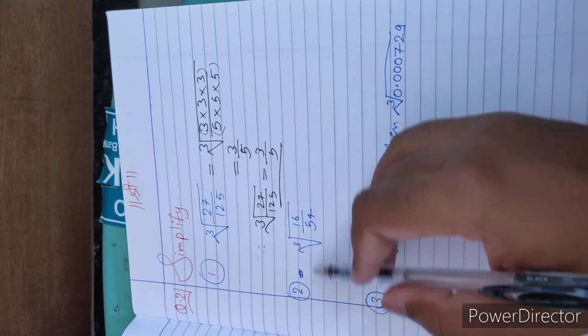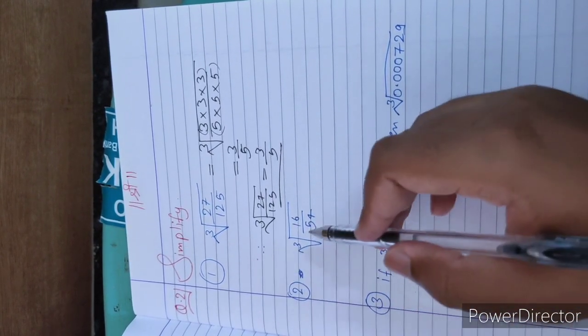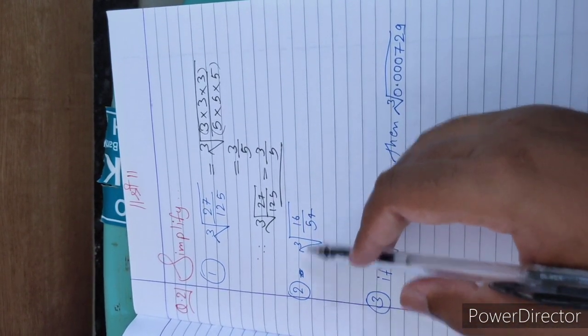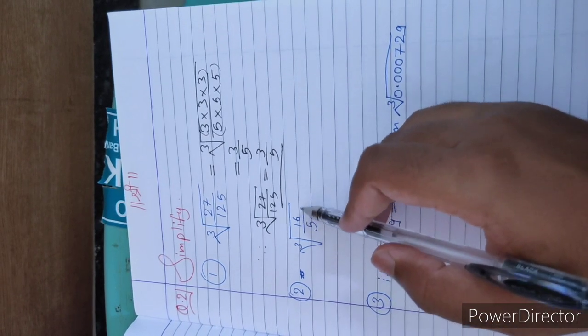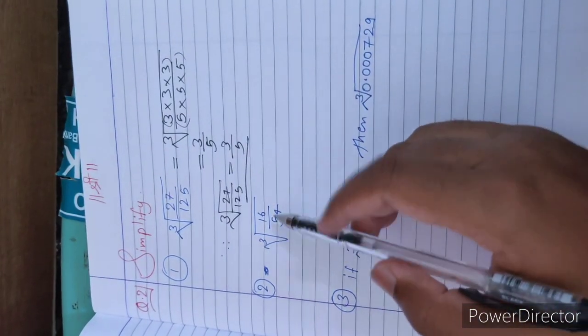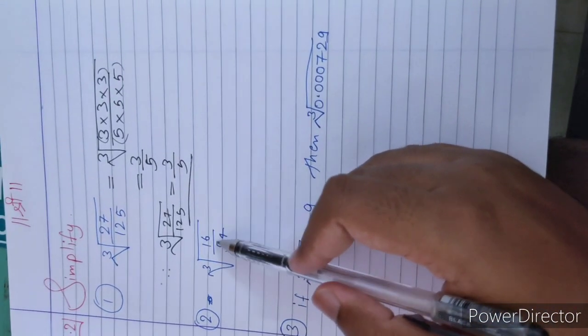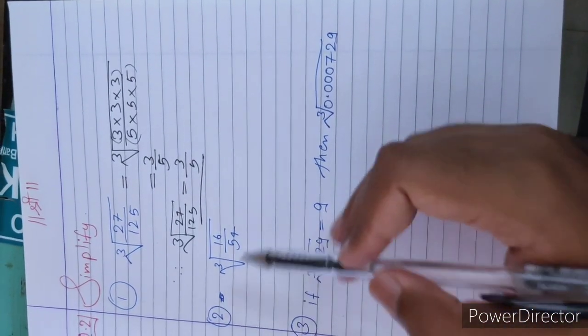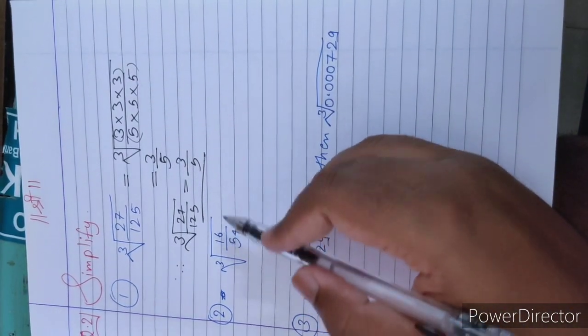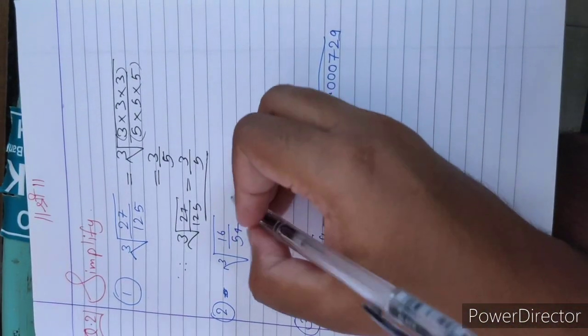Again we are looking at the second question, where another fraction is given for which we have to find the cube root. So firstly we should reduce the fraction. Okay, here both numbers are even, so we can reduce by dividing by 2.